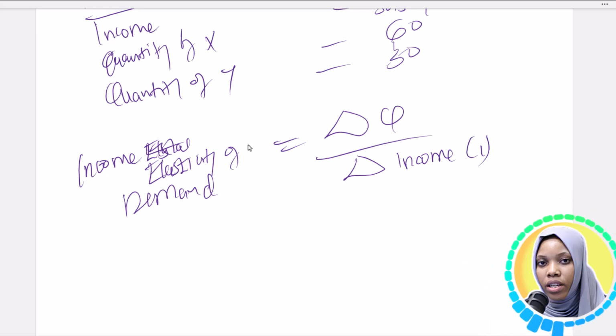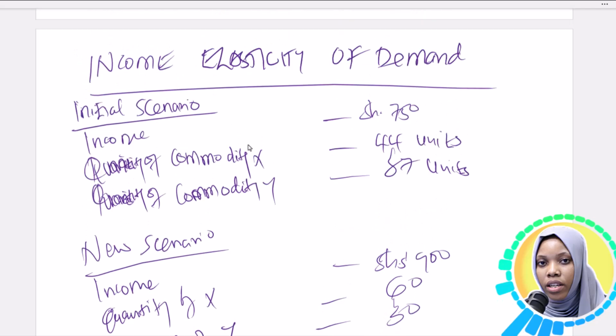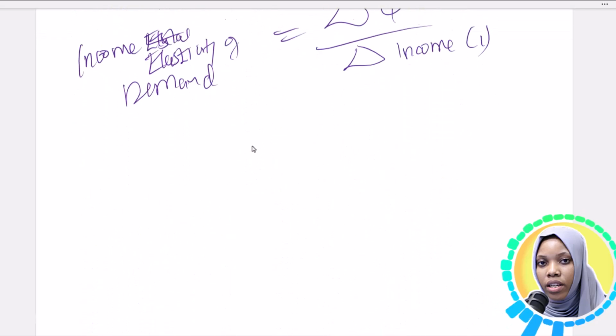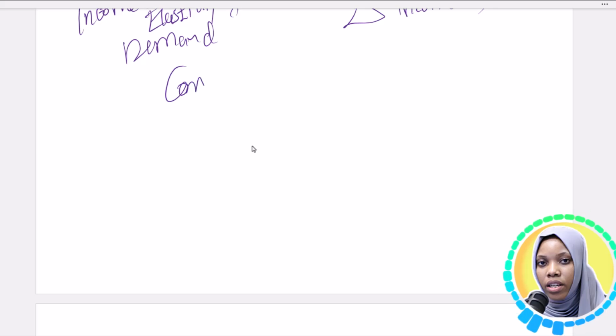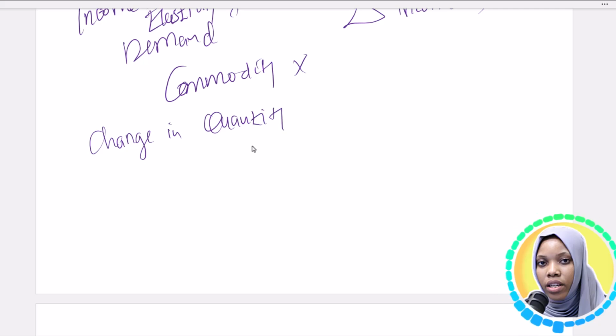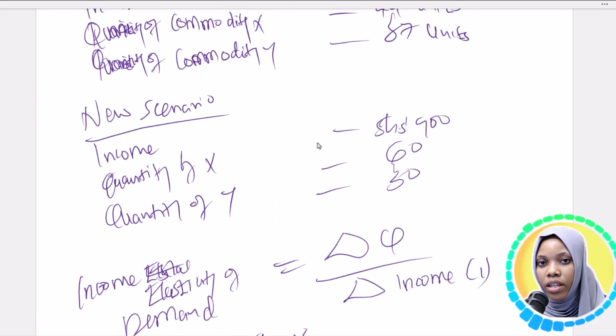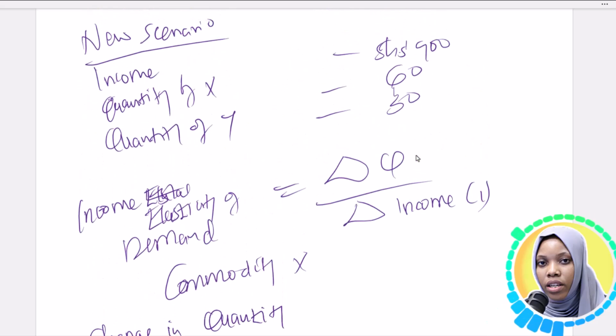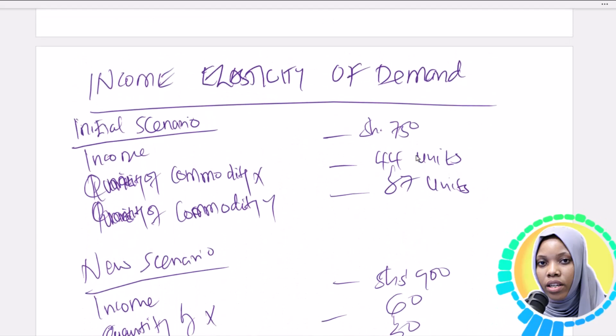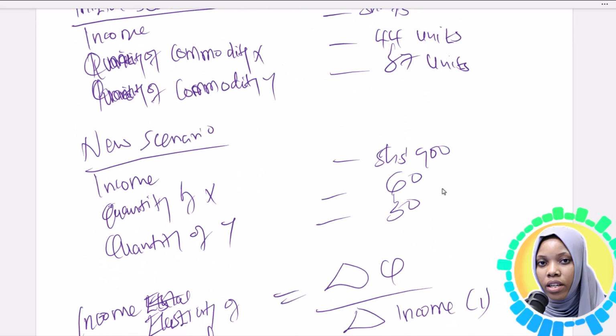And we start with commodity X. Let's start with commodity X. So let's effect the change in quantity, which is equal to: the first quantity is 44, and the second is 60.